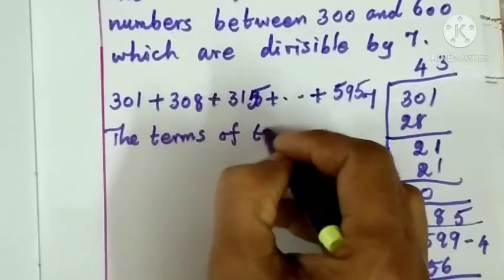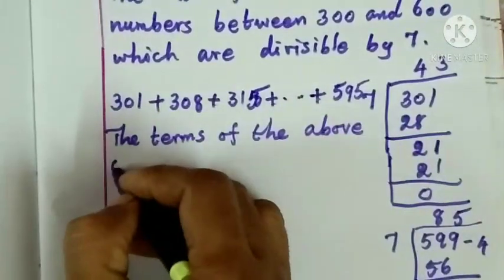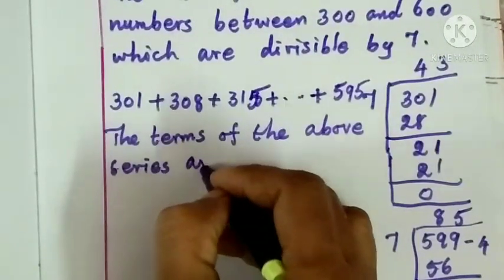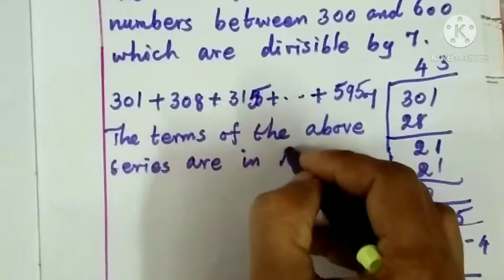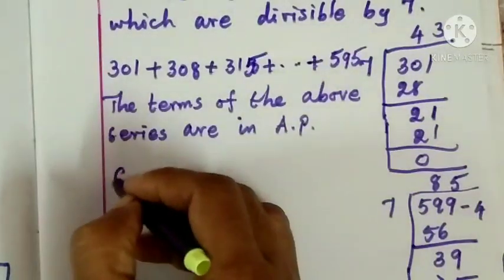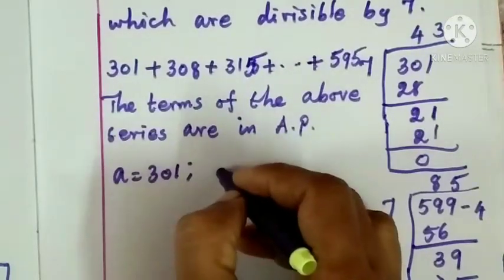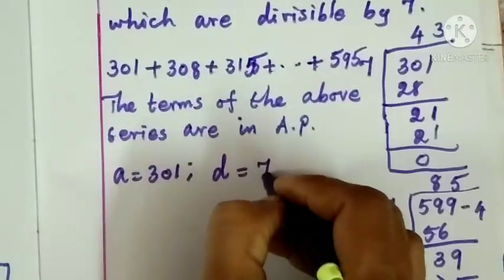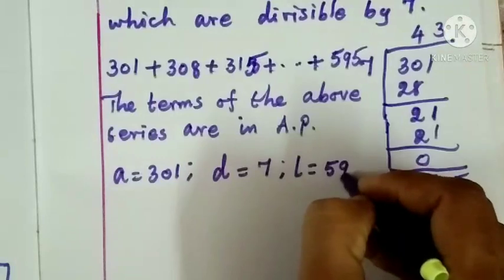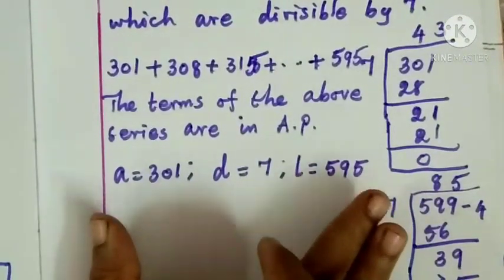Therefore, the terms of the above series are in AP. Here a is equal to 301, common difference d is equal to 7, and last term l is equal to 595. So here we have to find the sum.